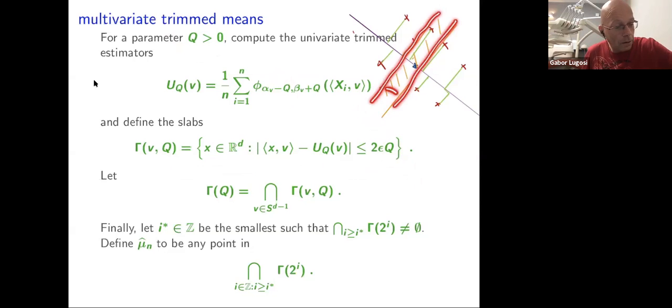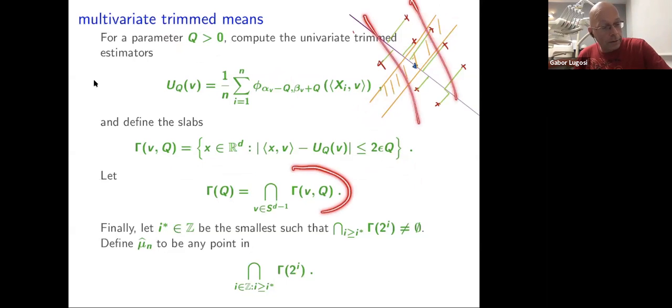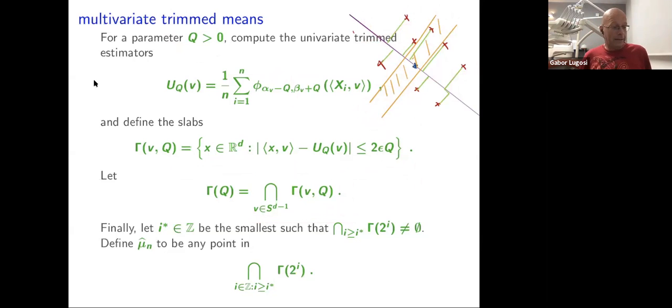That's the width of this slab, and now we take all these slabs in each direction, and we take the intersection of them. So in each direction we compute the trimmed mean, we look at these confidence bands, and we just take the intersection of those. And now how do we choose Q?